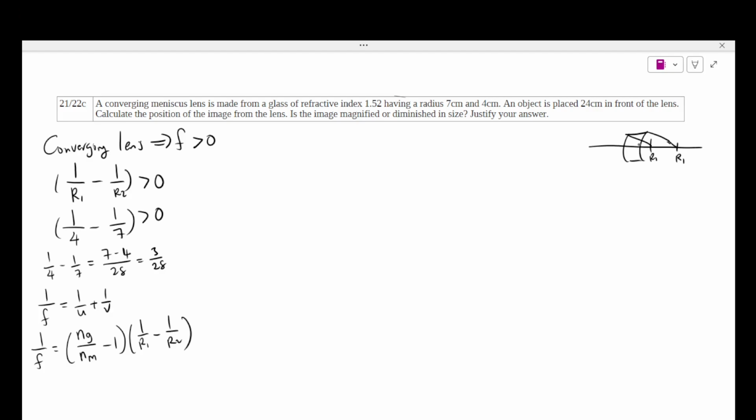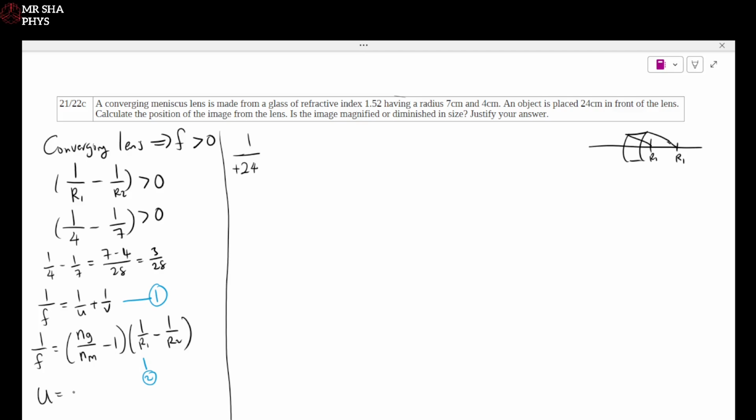Okay, so then I can equate these two equations. I can have equation 1 equals equation 2. I will have 1 over 24 centimeters, positive 24, because the information is given that the object is placed 24 centimeters in front of the lens.